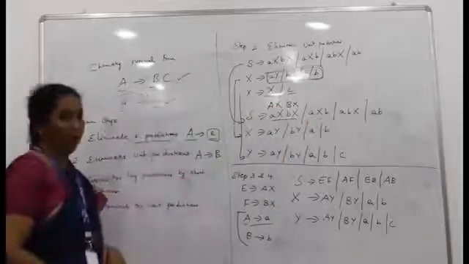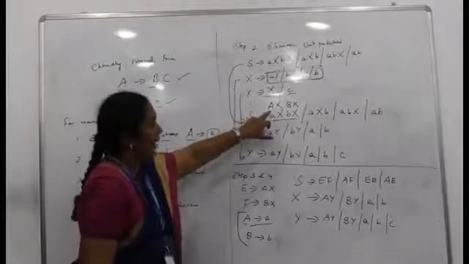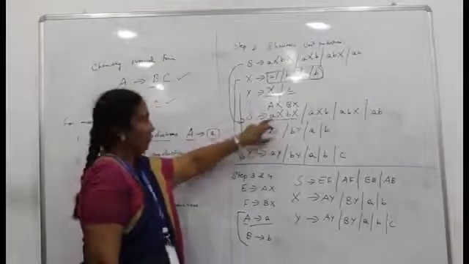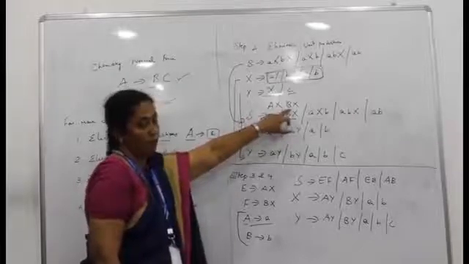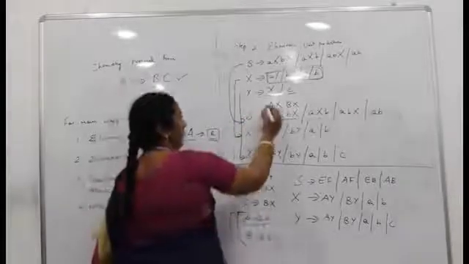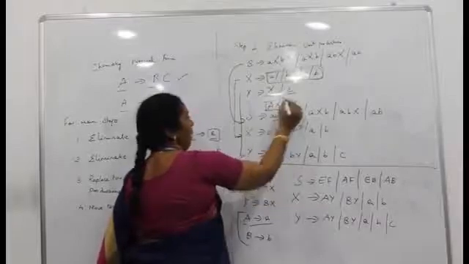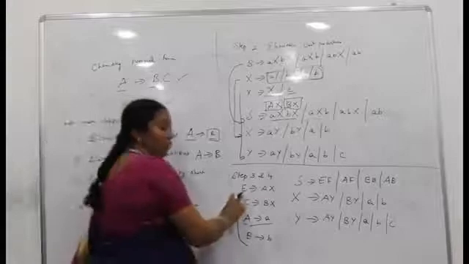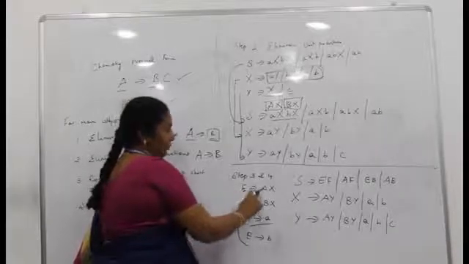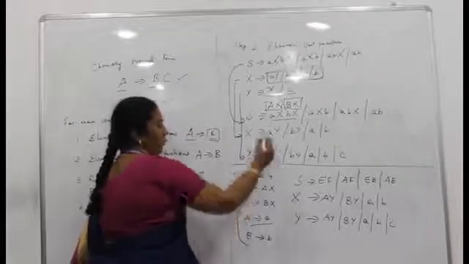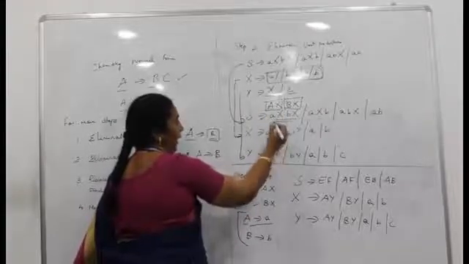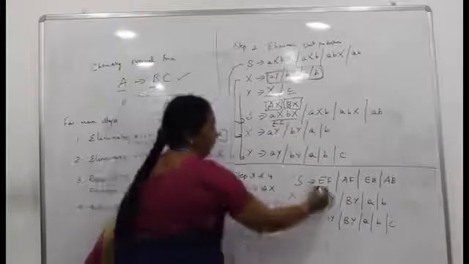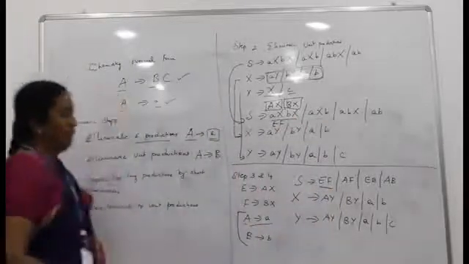Now, to have it in Chomsky normal form, there should be only 2 variables on the right hand side, but now I have 4 variables. So I have joined these two as one and these two as one. I have introduced a new production, E gives AX, and F gives BX. So this will be replaced by E and this BX will be replaced by F. So we will get the first one, S gives EF.